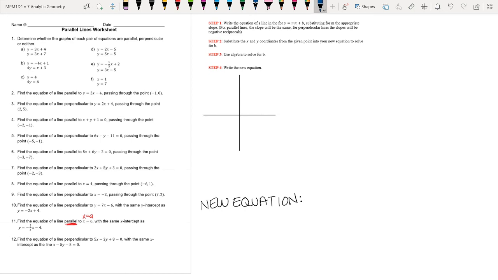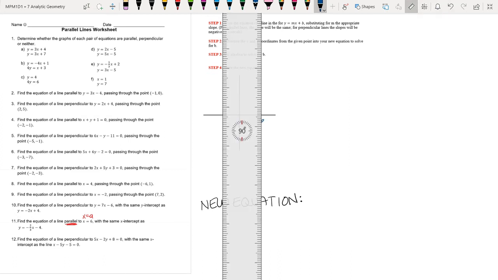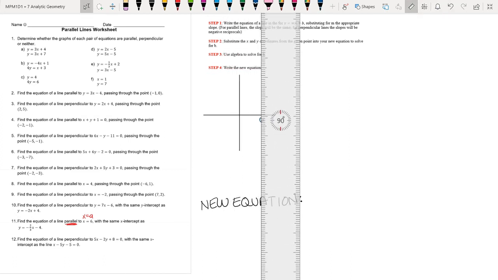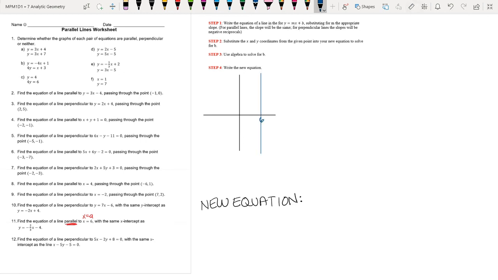If I were to picture it over here, here is the number 6, and my line for that equation, x equals 6, would look like that. Now, my new line is going to have the same x-intercept as this equation right here.